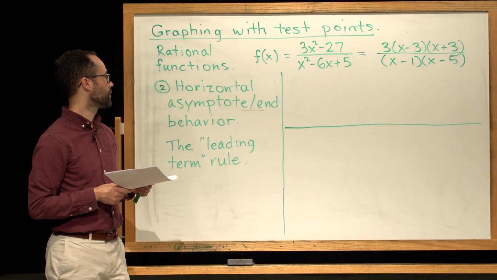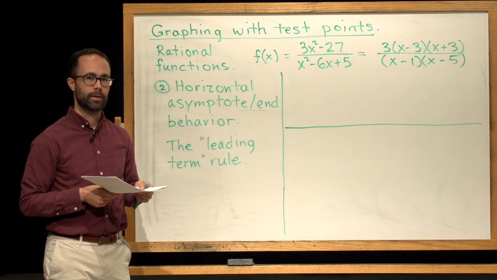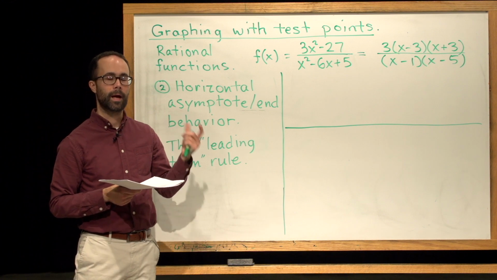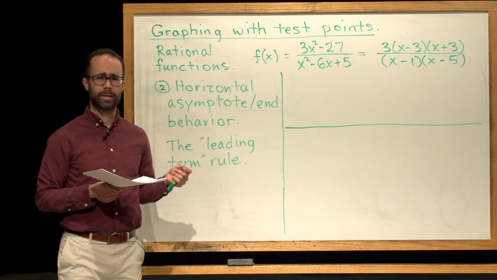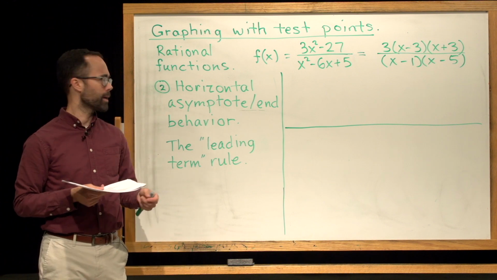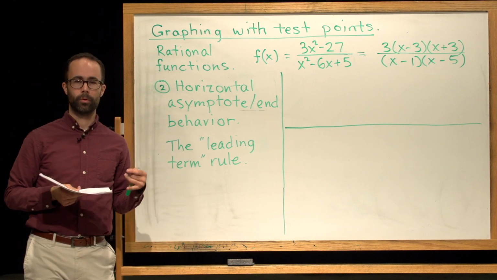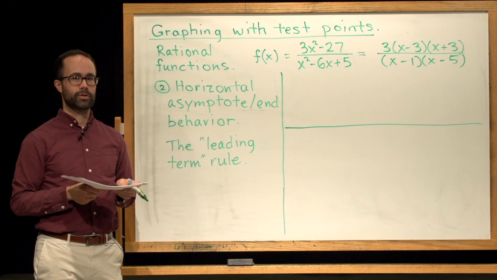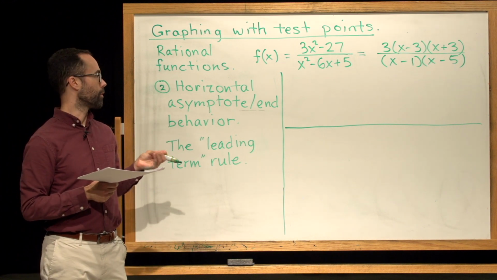Now we'll consider the potential horizontal asymptote and or end behavior of this function. And you should think of this as being very similar to the end behavior for a polynomial function with some extra twists and turns. So for rational functions, we'll use what's called the leading term rule. So the leading term of a polynomial is just the one with the highest power of x, and that does include the coefficient.